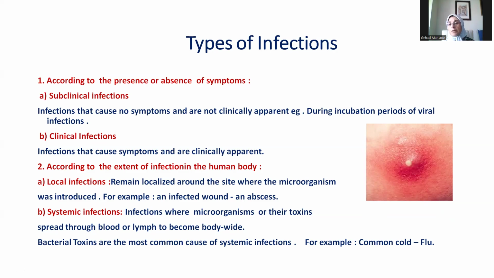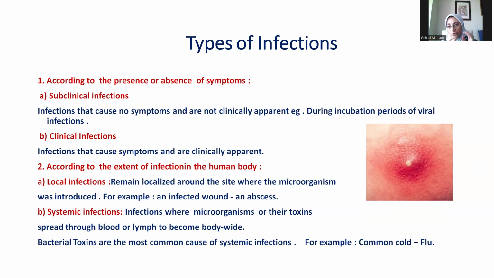For example, like here, a small infected abscess or an infected wound. An infected wound is a wound, essentially, that got infected. So this is not an infected wound because the abscess is closed. What is an abscess? An abscess is, first of all, a localized infection, meaning that it is around the site of entry of the microbe.